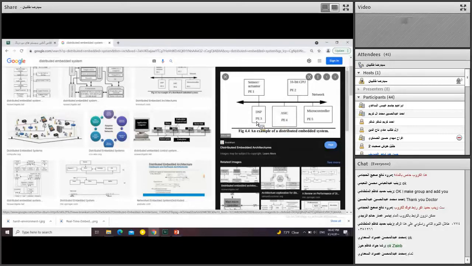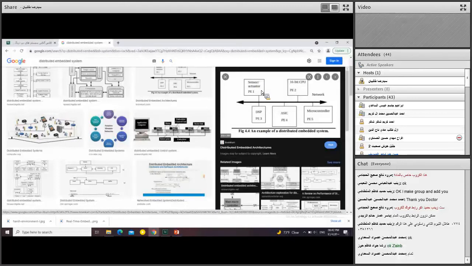Another one, a DSP processor, for example, can process information, but in DSP applications it can work better.